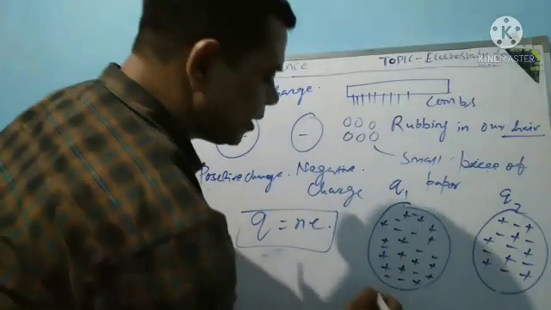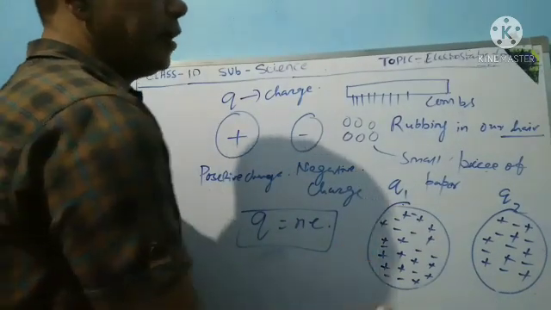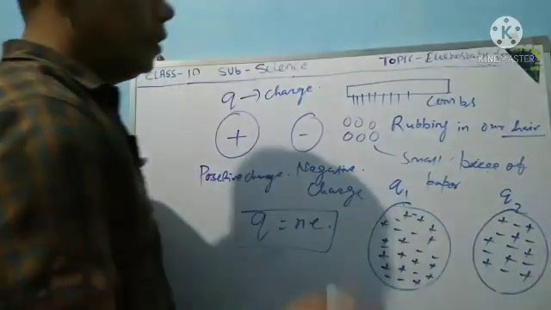So we call the charges Q1 and Q2: one is our hair and the other is the comb.